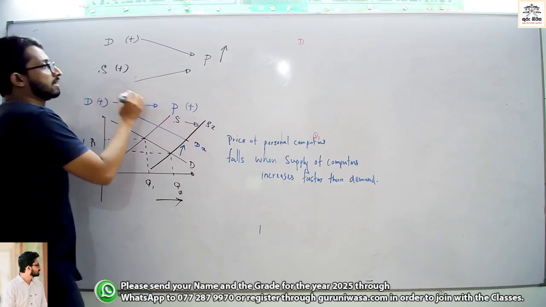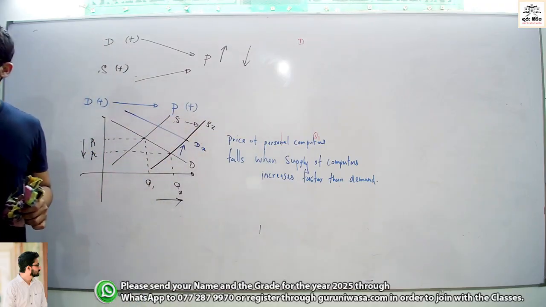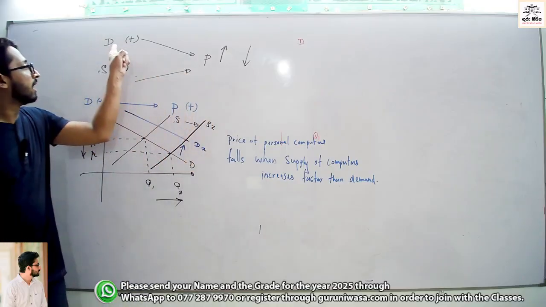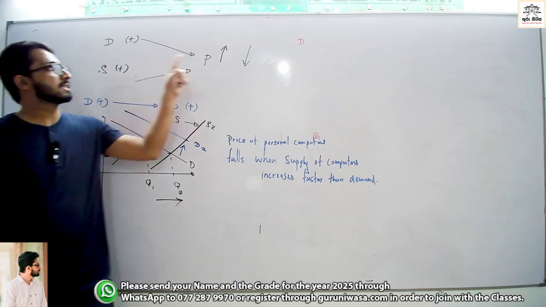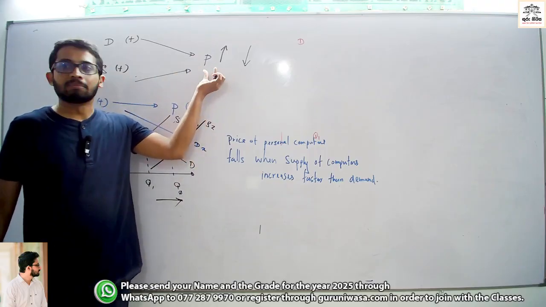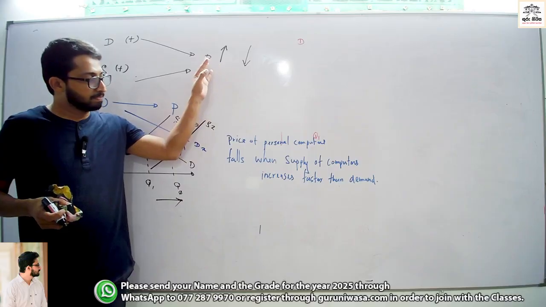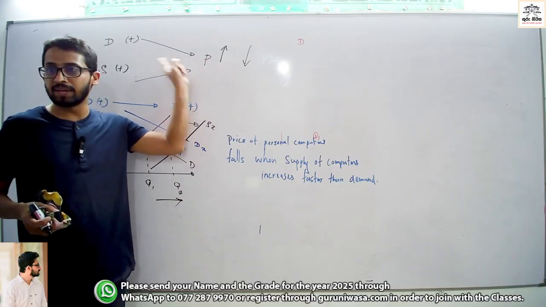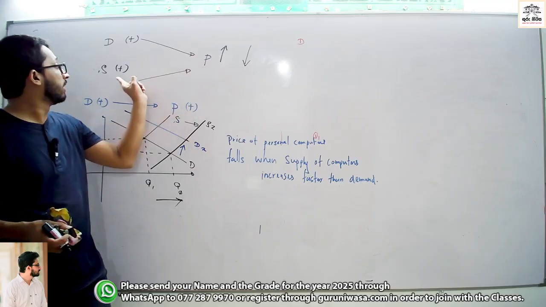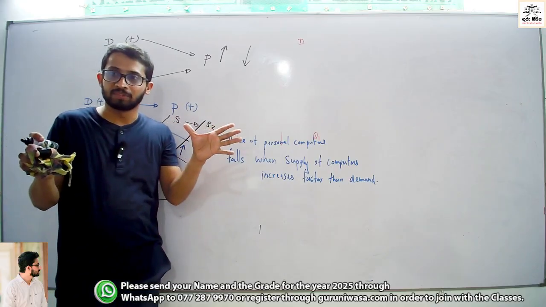When supply increases, price decreases. Did you get the point? So when demand and supply both increase, price increases when demand increases, and equilibrium price falls when supply increases. Did you get the point?